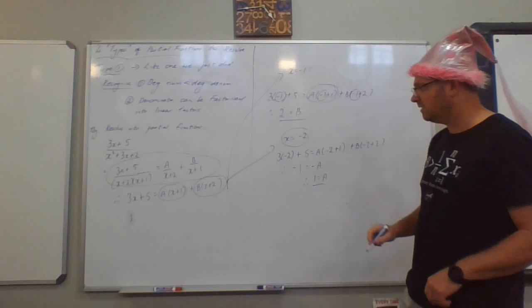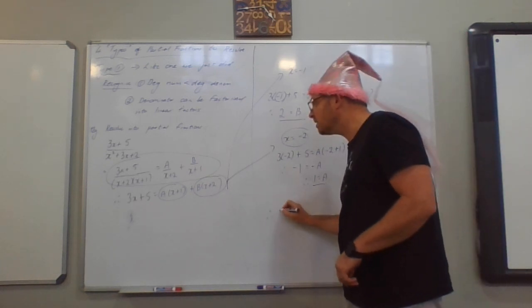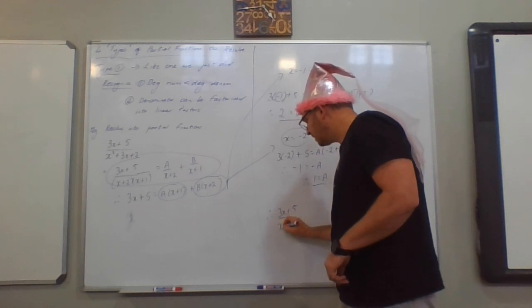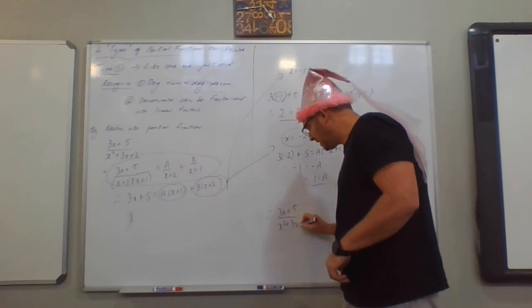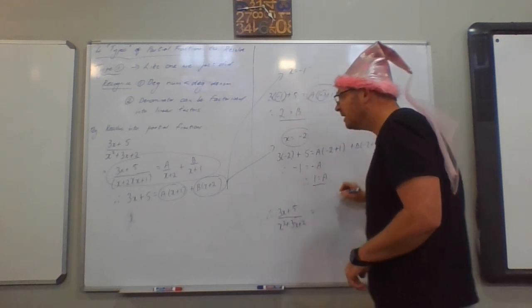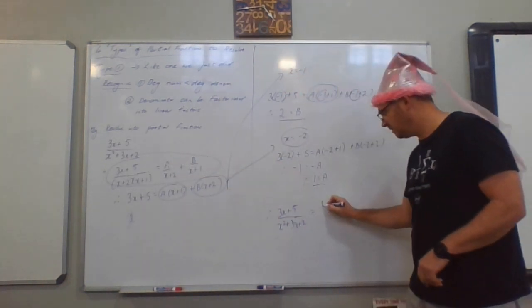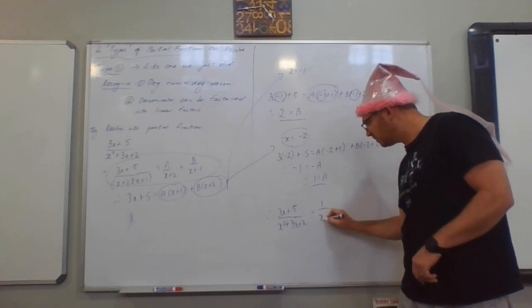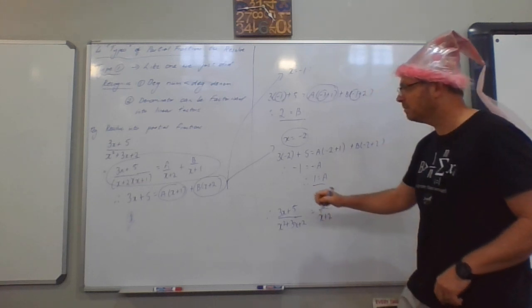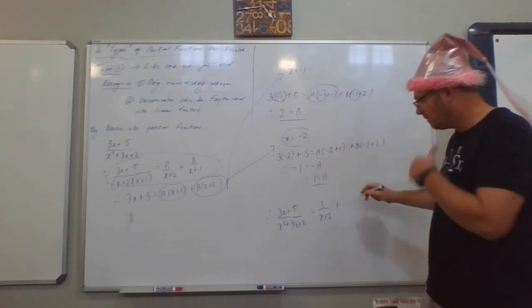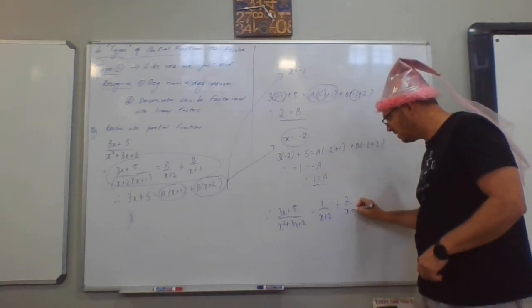Don't forget to write the final answer down. So what we've shown is that 3x plus 5 over x squared plus 3x plus 2 is equal to a, which is 1, over x plus 2, plus b, which we worked out to be equal to 2, over x plus 1.